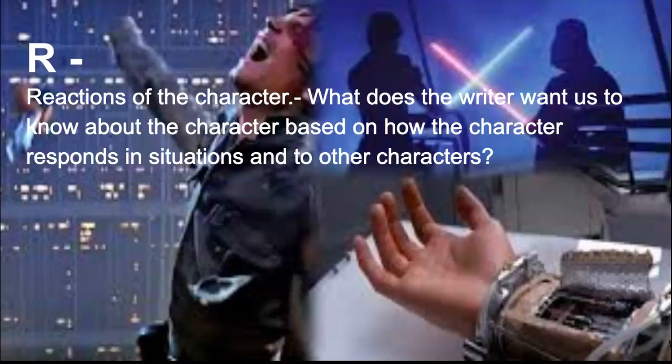And to simplify it, because I know you probably will not remember a question as long as that, just remember that the R in PAIRS is for the character's reactions. And you're to ask yourself, what am I to learn? What am I to know about how this character responded in this situation? And you take note of it. When you write it down in your close reading, that's the kind of thing you would take note of.